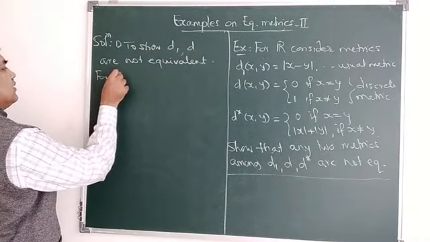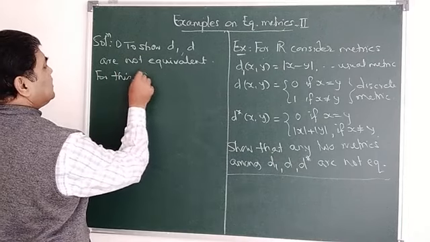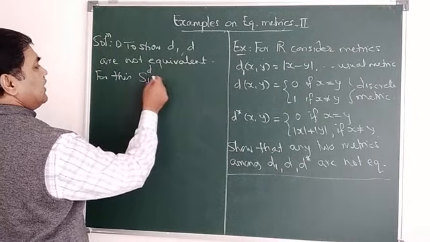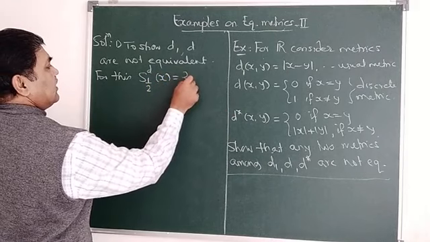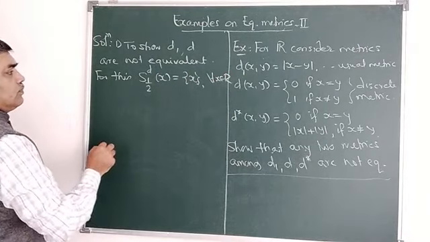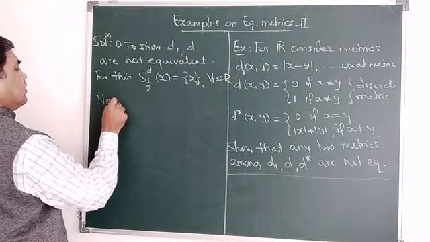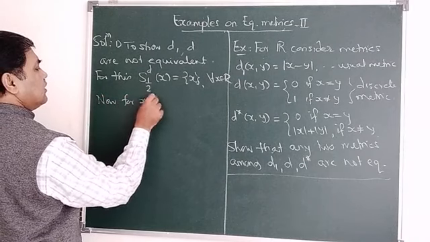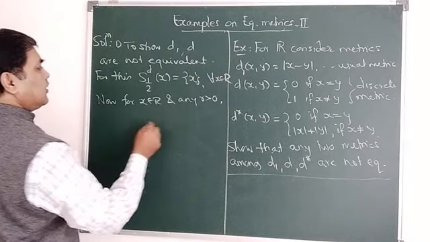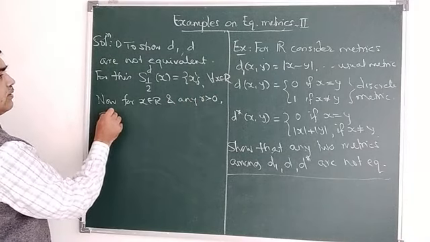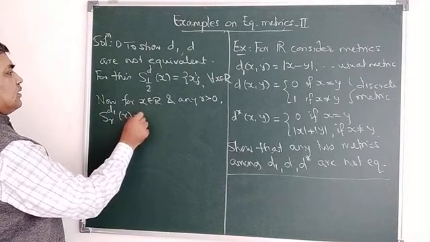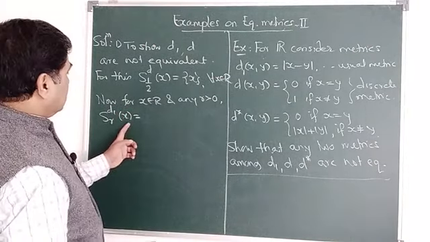For this, S half with respect to d, the discrete matrix, is just the singleton {x} for any x belonging to R. Now for x belonging to R and any r greater than 0, consider S r d1 of x.